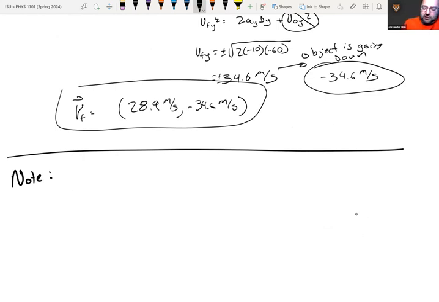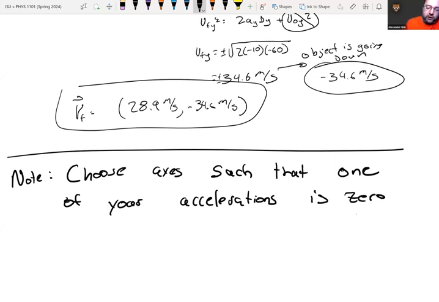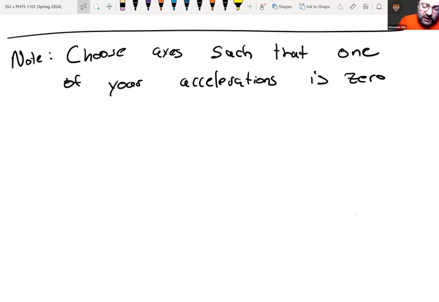I'm just going to put it this way: choose axes such that one of your accelerations is 0.